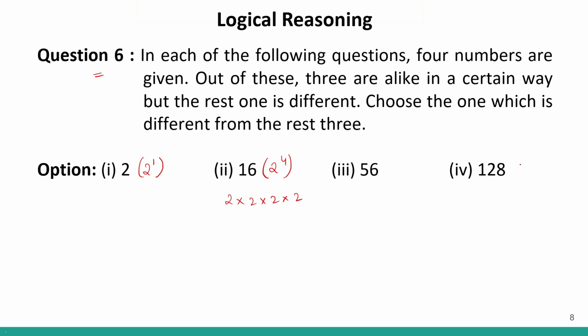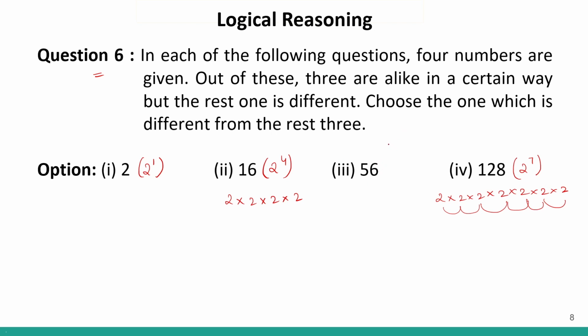If I look at 128, this is 2 raised to the power 7. So 1, 2, 3, 4, 5, 6 and 7. So here I can see 2 into 2, 4, 4 2s are 8, 8 2s are 16, 16 2s are 32, 32 2s are 64 and 64 into 2 will give me 128. So this is 2 raised to the power 7.